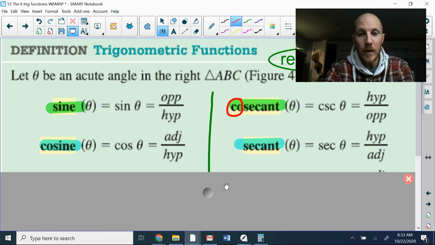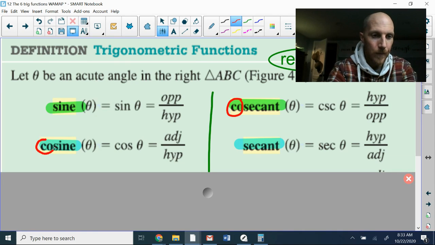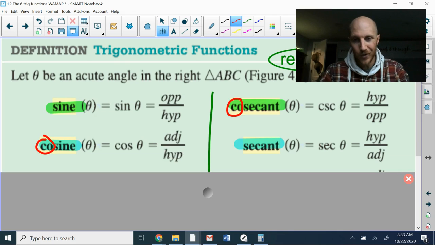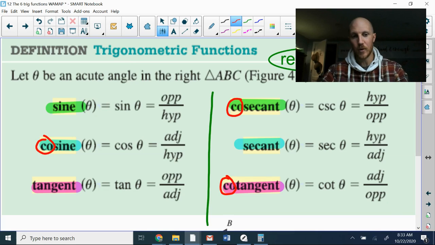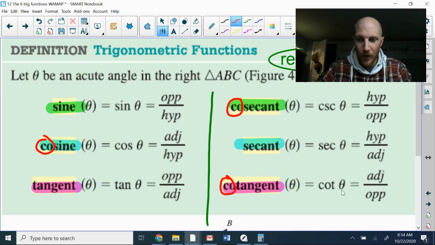In cosine, the prefix co is on the cosine, and with secant, we can keep track of which goes which because only one of them will have the prefix co. And then the last pair, tangent and cotangent, are easy to keep track of because the name tangent shows up in both. Cotangent is the adjacent over the opposite.